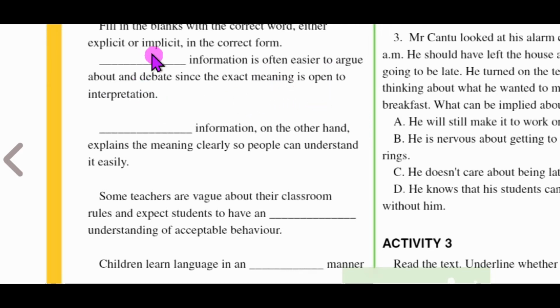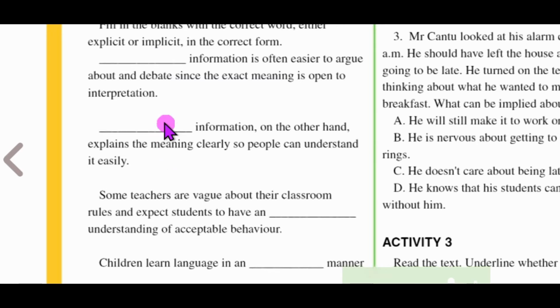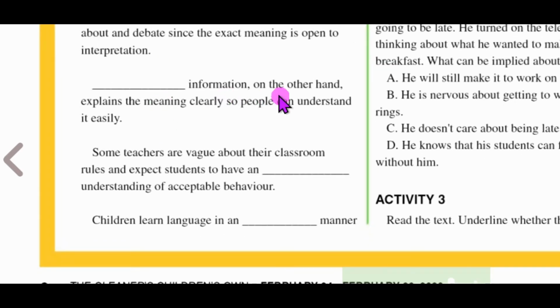So this would be implicit information, information that is implied. "Dash information, on the other hand, explains the meaning clearly so people can understand it easily." Once we say "on the other hand," we know that this is going to be counter to the first one. So if that was implicit, this one should be explicit.